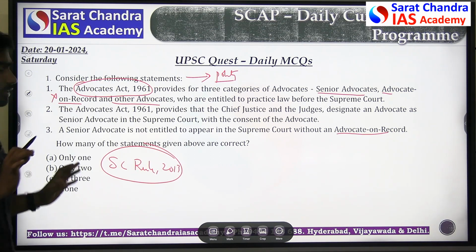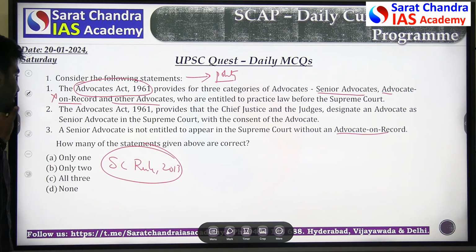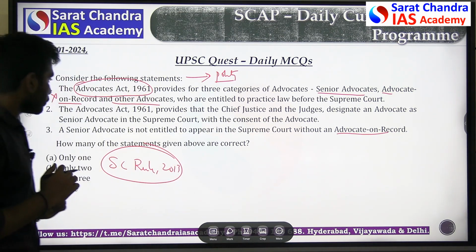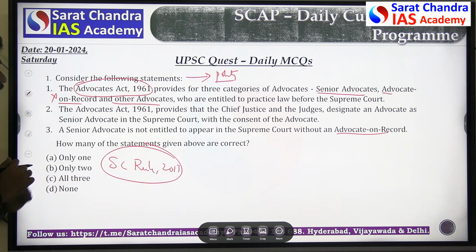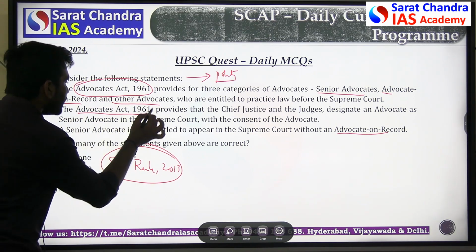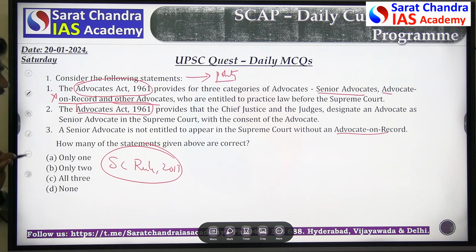But according to Supreme Court Rules Section 2, these three categories of advocates practice before the Supreme Court. Second one, the Advocates Act 1961 provides that the Chief Justice and judges designate an advocate as a senior advocate in the Supreme Court with the consent of the advocate. According to the Advocates Act 1961, yes, the Chief Justice and judges can designate senior advocates with the consent of the advocate.